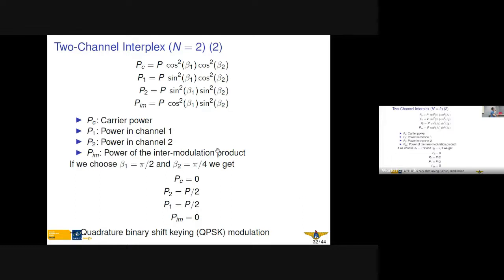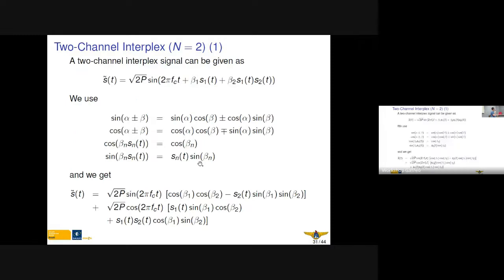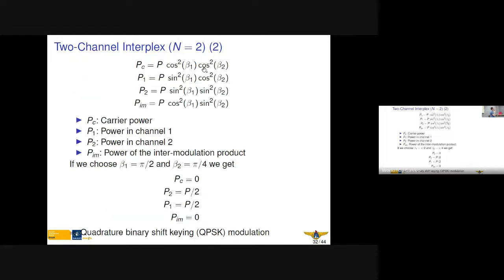And we can see that we have a carrier power where we have the total power P times cosine square beta 1 cosine square beta 2. This is the power of the first component here. There's no signal, there's no information transmitted. That's why it's called carrier power.